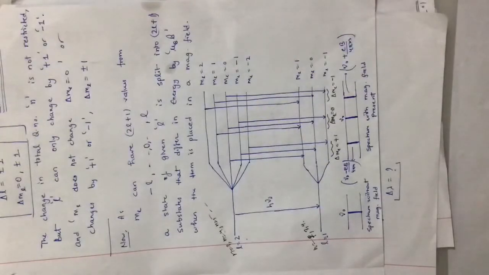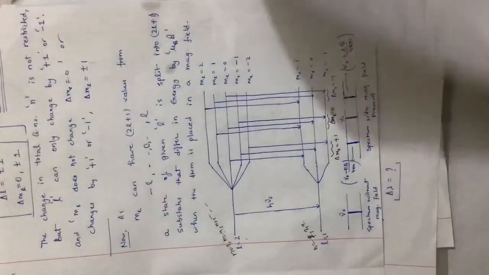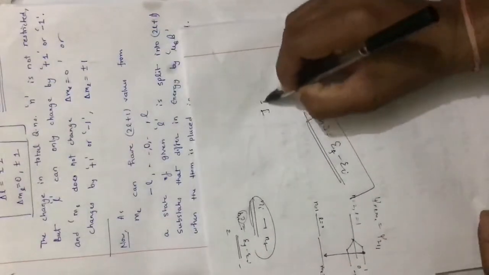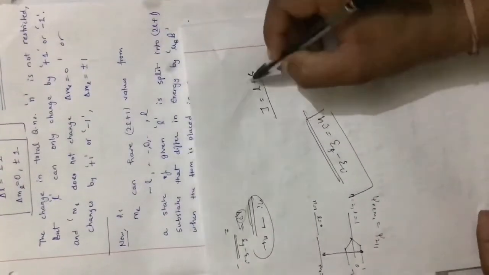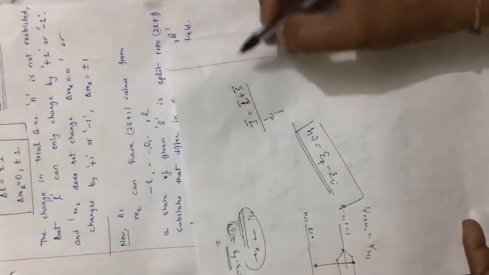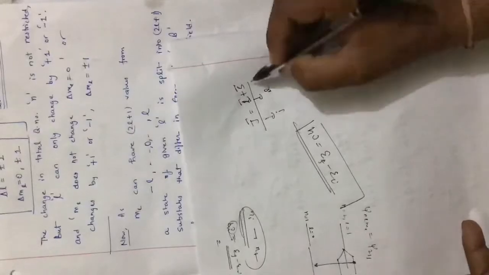But what if there is a spin factor as well? If there is a spin factor, then there is a total angular momentum quantum number as well. The total angular momentum J takes J is equal to L plus S. This is limited by the J quantum number, this by the L quantum number, this by the S quantum number, right?